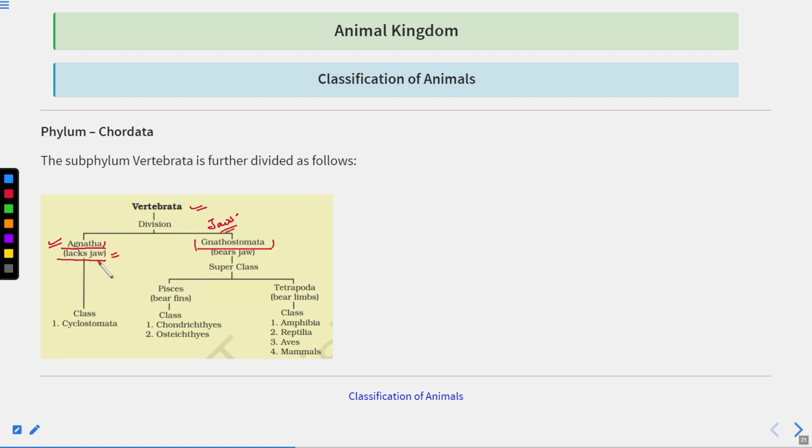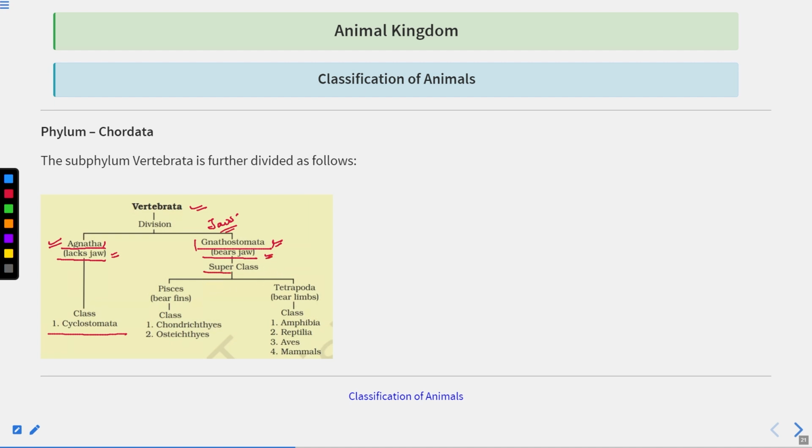They lack jaws, and here we have one class called Cyclostomata. And the other division is the Gnathostomata, the organisms that bear the jaw.